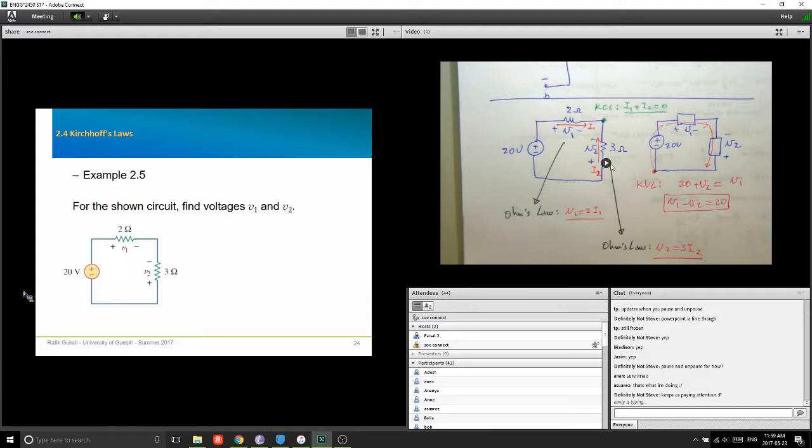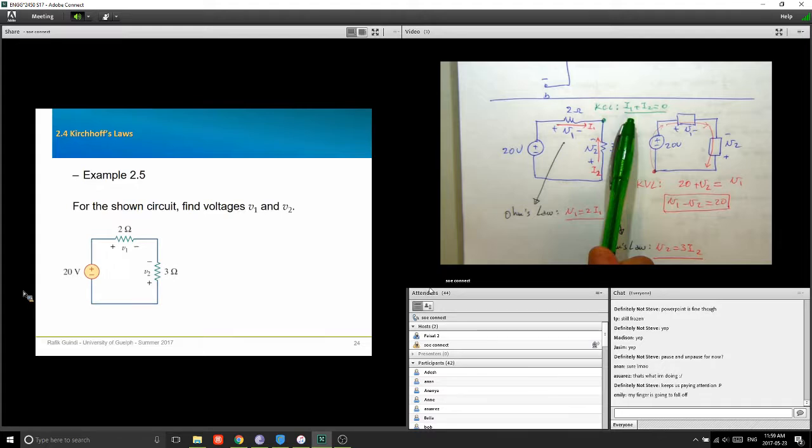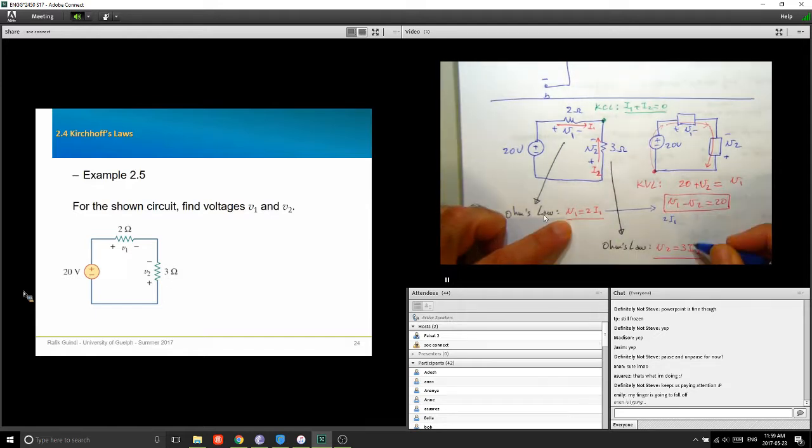So now I have that third equation, I1 plus I2 equals 0, and I'm going to use all of these equations together, and I'm going to put them here. So I have, instead of V1, I have 2I1 minus 3I2 equals 20.